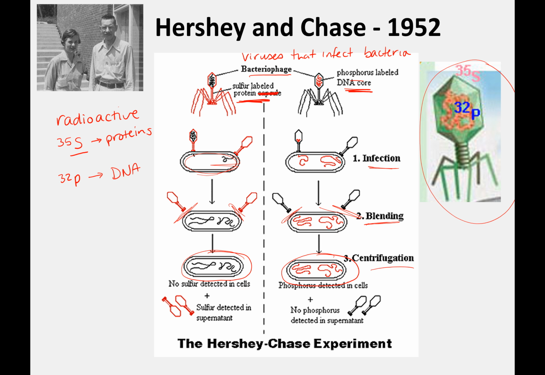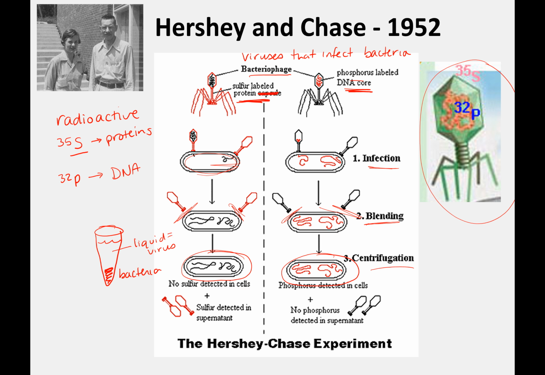So they did centrifugation, which is spinning things around really fast. Heavy things like bacteria cells go to the bottom. Light things, everything in the liquid, stays up top. Right? So you would have a little test tube with your bacteria down here, and your liquid is going to have the virus up top.